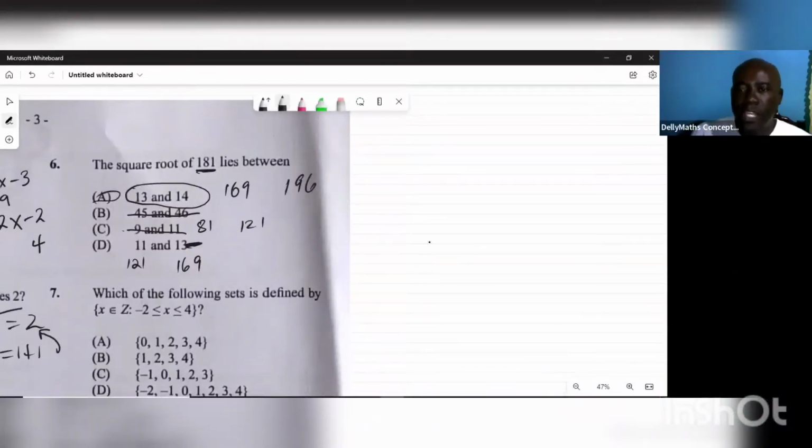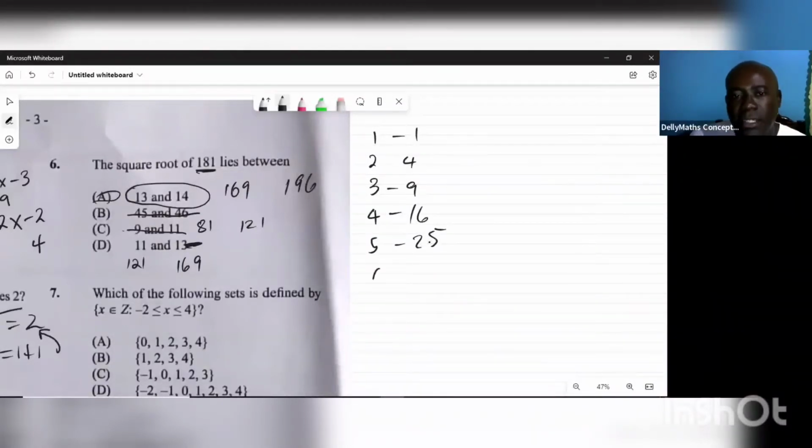So definitely you want to make sure that you have those little square numbers. For example, 1 square gives you 1, 2 square gives you 4, 3 square, 9, 4, 16, 5, 25, 6, 36. You could know up to 20.